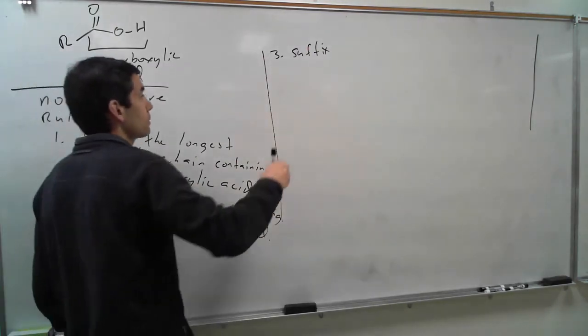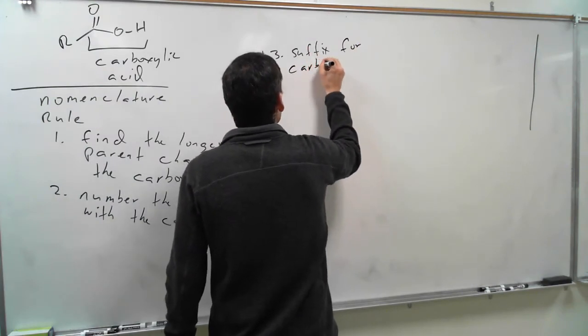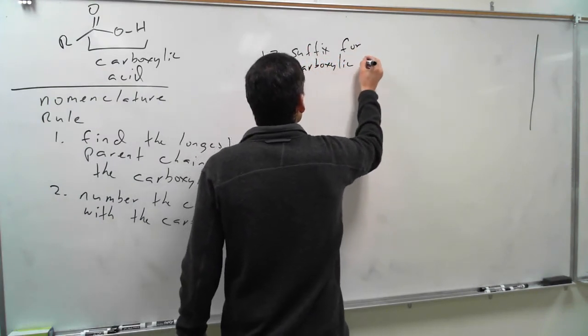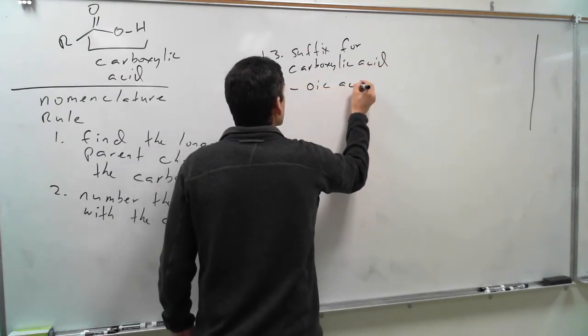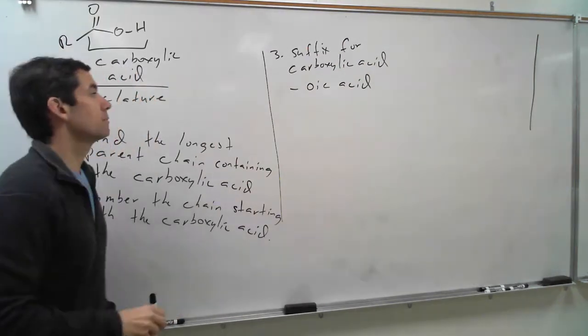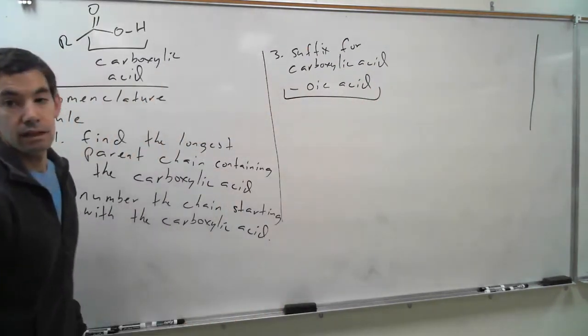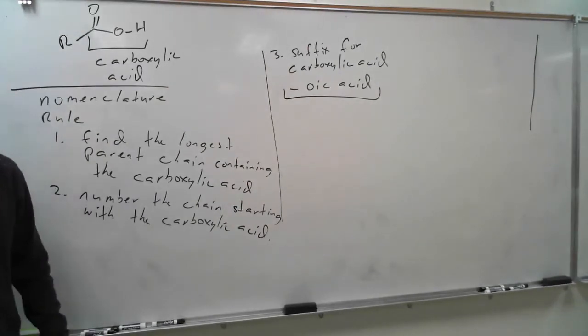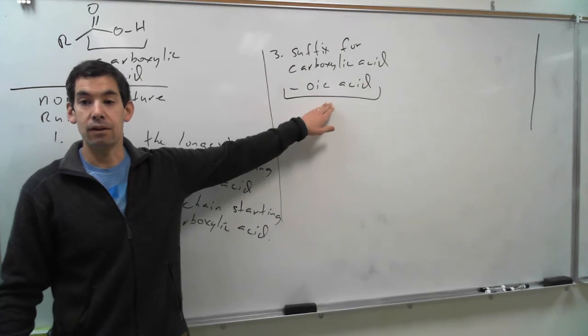The suffix for carboxylic acid is oic acid. Okay, that's going to be our new suffix, oic acid. And so when we name our carboxylic acids, we get to put this at the end to signify that we have a carboxylic acid in there.